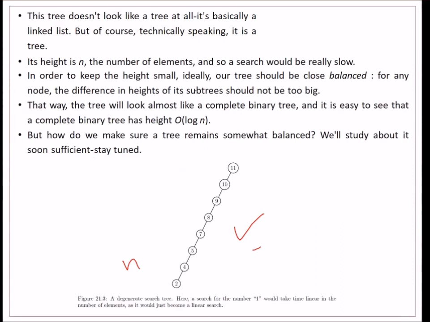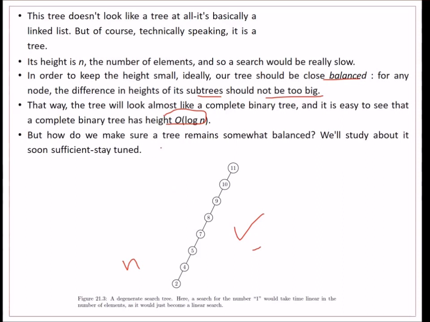In order to keep the height small, ideally our tree should be close to balanced. For any node, the difference in height of its subtrees should not be too big. So the tree will look almost like a complete binary tree, and it is easy to see that a complete binary tree always has a height of order log n.